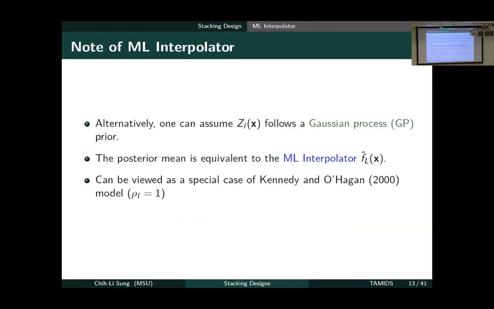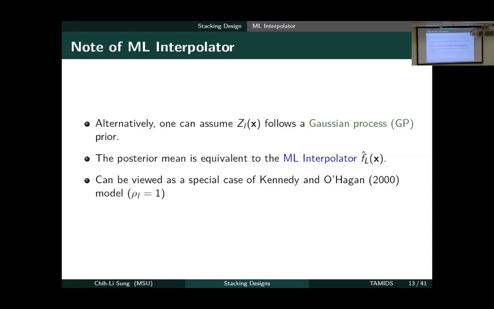But just to rigorously develop the theoretical properties later on, I'm just going to use this RKHS interpolator for developing the theories. Okay. Right. So if you assume those are Gaussian process priors, then it's just a special case of the Kennedy and O'Hagan coherent model that I just showed in the previous slides. All right. Any questions about this?